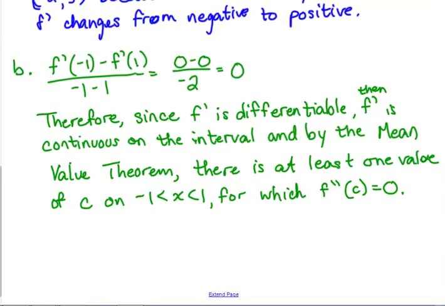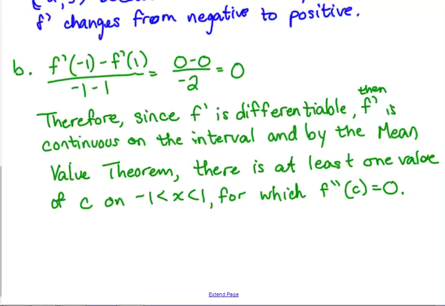Okay, so since the slope of the secant line, so to speak, and in this case the secant line involves the derivative, is equal to 0, then we can say that somewhere on that interval the derivative of that, aka the second derivative, will equal 0.